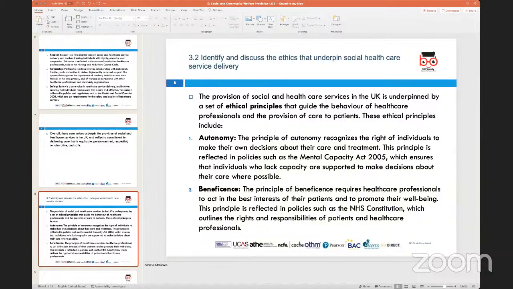Now when we talk about ethics in health and social care, what do we mean by ethics? Ethics are essentially nothing but standards. These are standards which are created for a purpose, and they are based on some sort of principles.